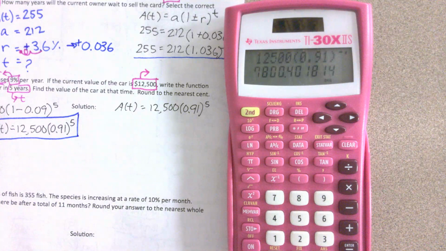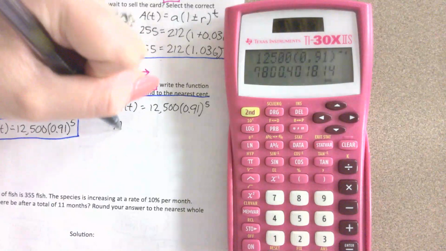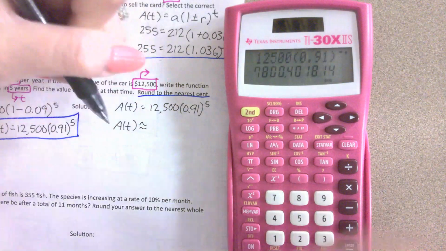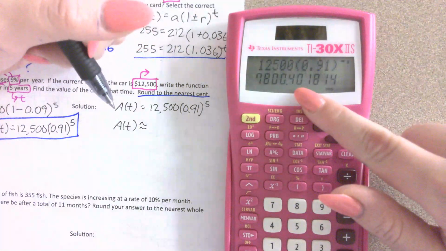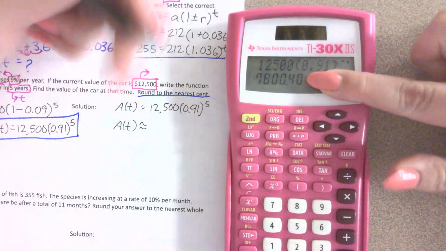And it says to round to the nearest cent. We are dealing with money, so that makes sense. This will be 2 decimal places. 2 takes us out to 40. The next number is a 1, not big enough to bump this up any further. So this is my answer.